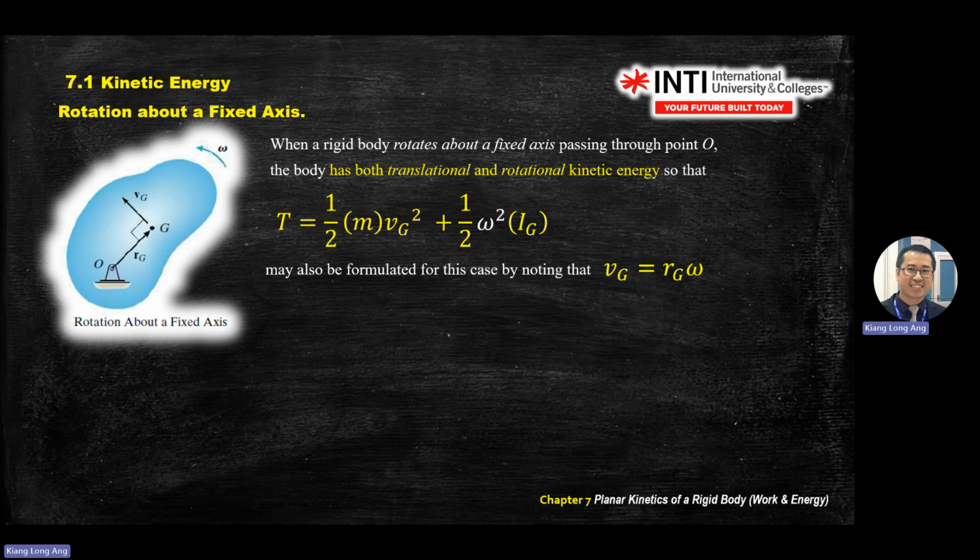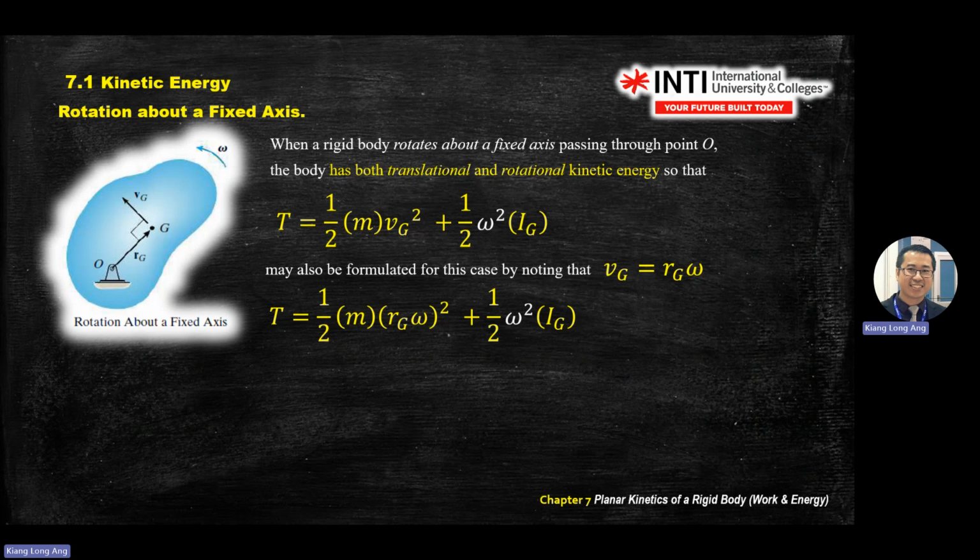So again, this is just a highlight. How to find omega? V equals omega R, right? We just want to change everything into a single parameter. So you can write this one, or you can extend. This is actually your step in the exam.